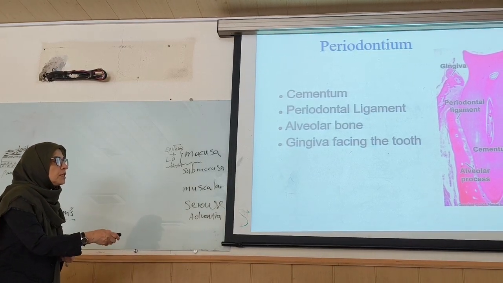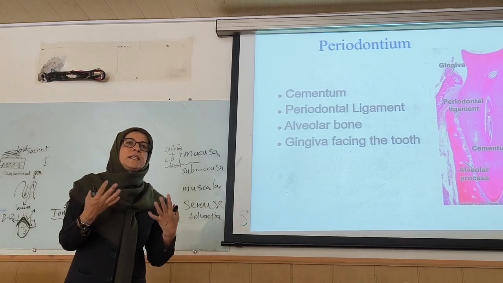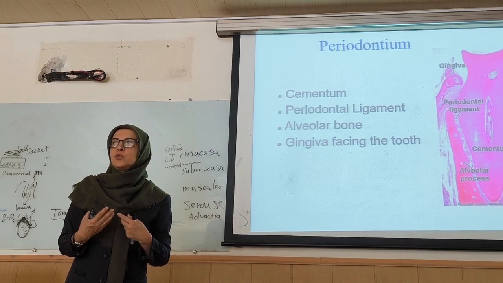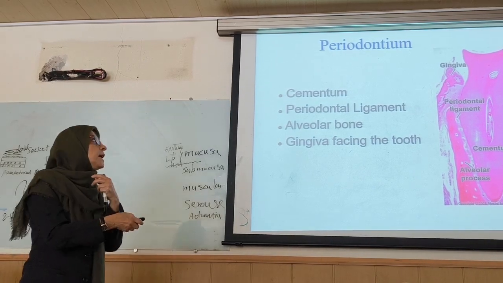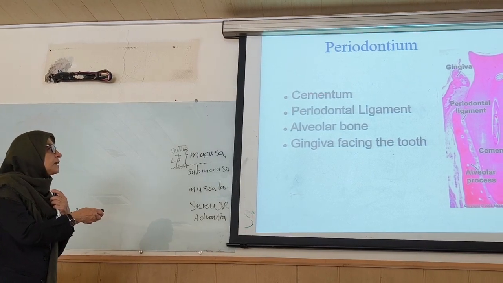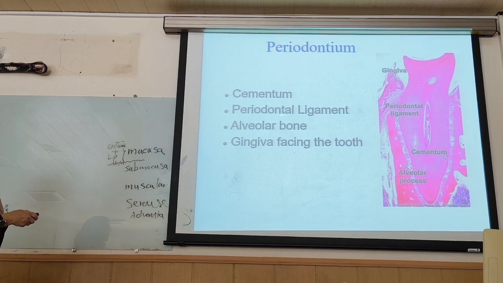Around the tooth, there are some structures necessary for the support and attachment of the tooth, all named the periodontium, which includes the cementum, periodontal ligament or PDL, alveolar bone and gingiva.